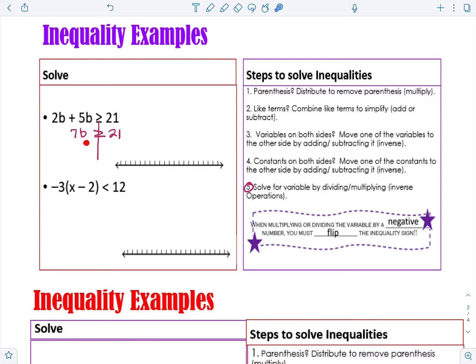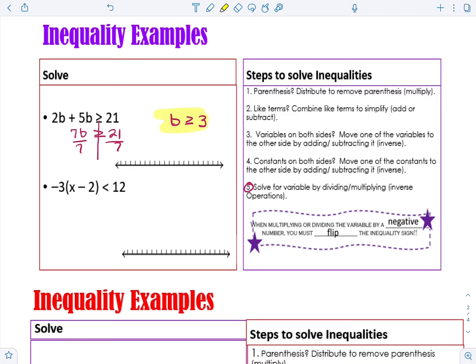So this is multiplication. The inverse is division. So we're going to divide each side by 7 so that we have b is greater than or equal to 3. And this is our answer or our solution.